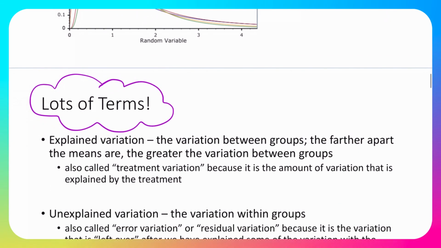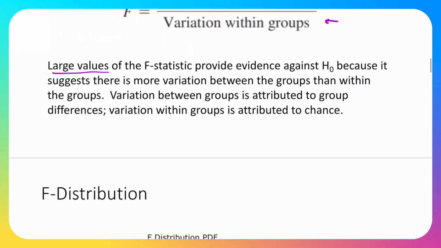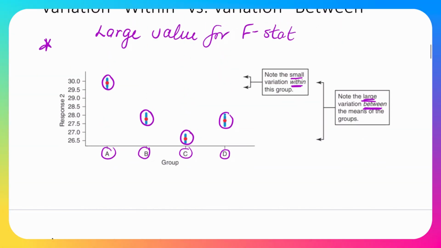All right. So there's something called explained variation and unexplained variation. Explained variation is simply the variation between the groups. The farther apart the means are, the greater the variation between the groups. So for example, in this picture here, remember the red dots are the means. They're very different. They're very far apart.